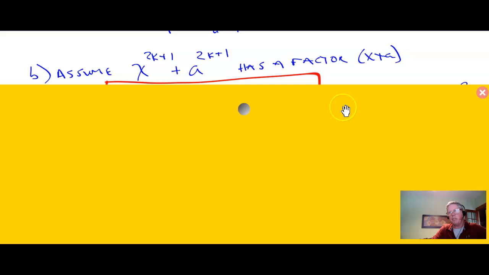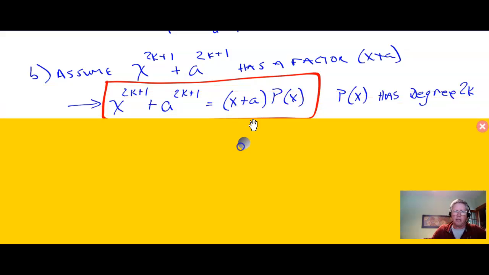If it's divisible by x plus a, isn't it just x plus a times something? Well, that something is not an integer, it's just a polynomial. Okay, and we know the degree of that is 2k because the degree of the whole thing is 2k plus 1. We know the degree of this is 1. Cool. All right. So just like before, we're probably going to substitute this in for something.